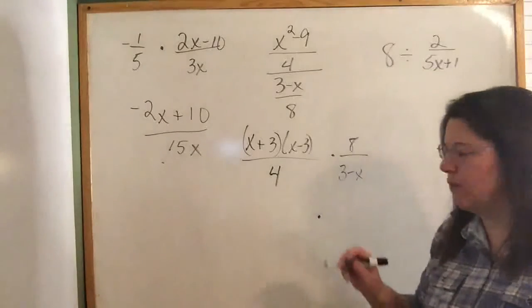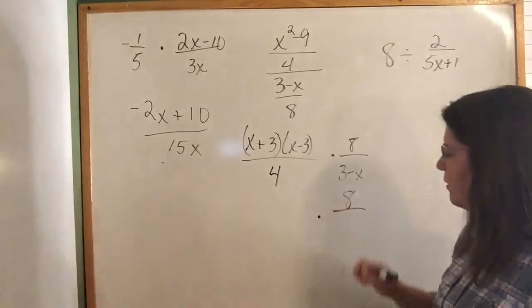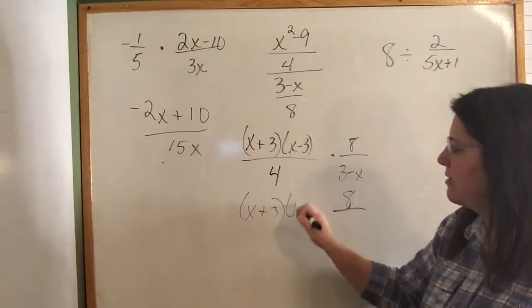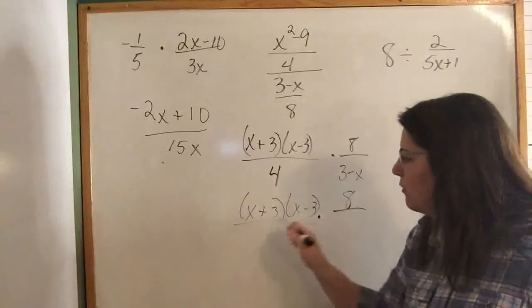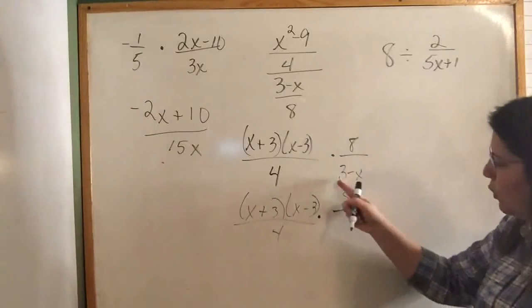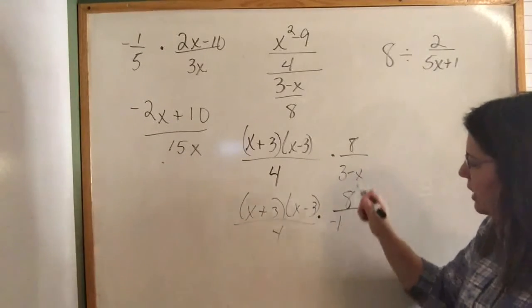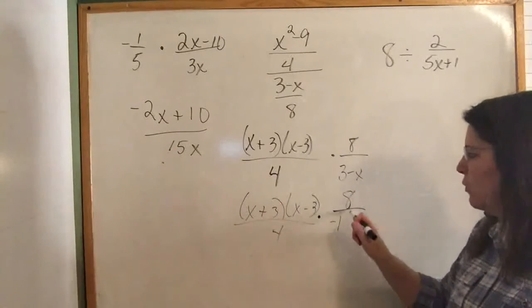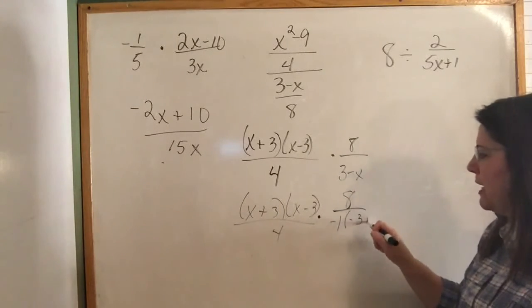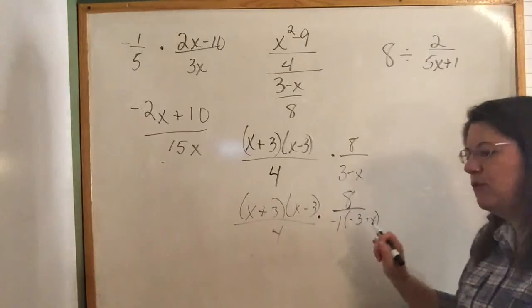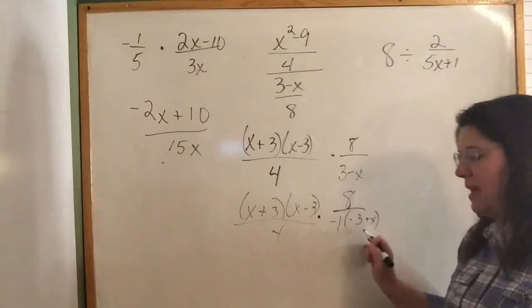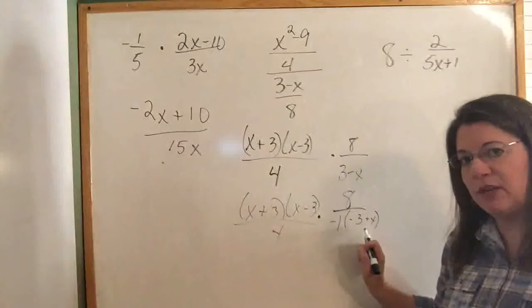Now, you won't always have to rewrite, but just for the purpose of learning this new thing here, we've got x plus 3 times x minus 3, and that's all over 4. And then here, I'm going to bring a negative 1 out of that 3 minus x. If I take a negative 1 out, wouldn't that leave me with negative 3 plus x? And if you think about what negative 3 plus x is, isn't that the same thing as x minus 3 because of the commutative property?